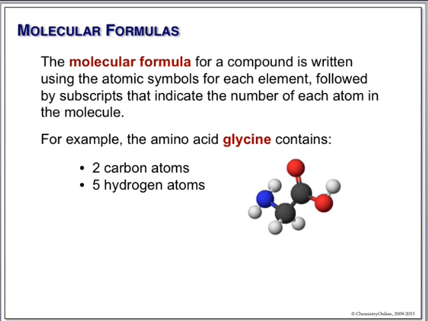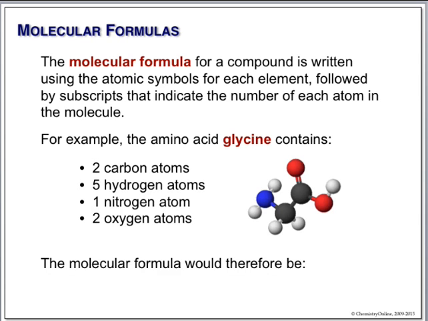It has 1 nitrogen and 2 oxygens. We could convert this to our molecular formula simply by writing it in our standard way: 2 carbons, 5 hydrogens, 1 nitrogen, and 2 oxygens.